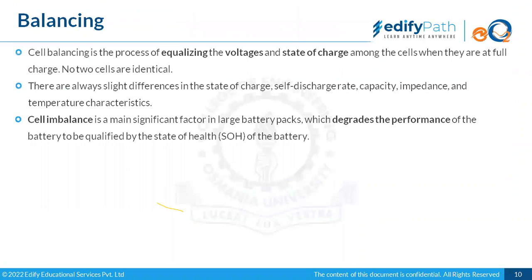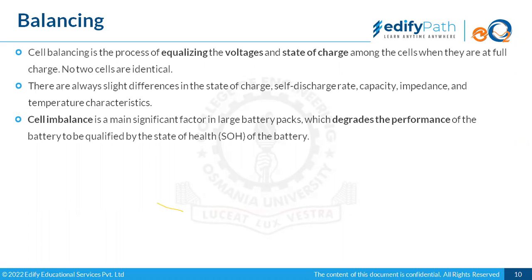Balancing. As we discussed, how will we define a balanced battery? If a battery is charging, every cell is discharging and charging at the same rate.